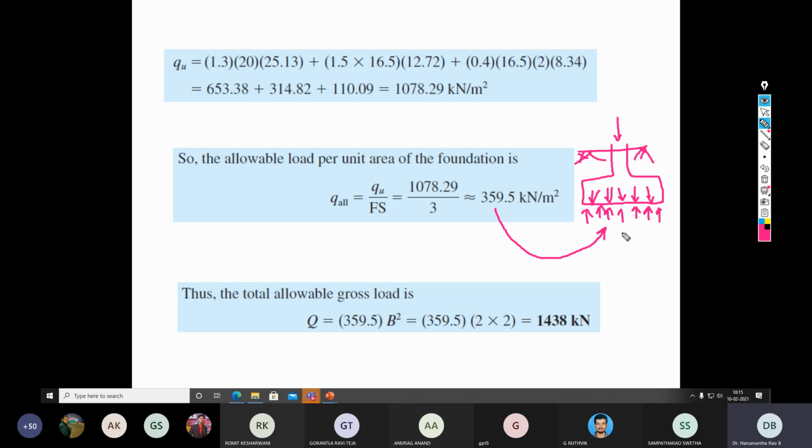The ratio between QU and Q, that is QU by Q column, is also called the factor of safety. Suppose you are giving importance only to the structure, ignoring the soil.